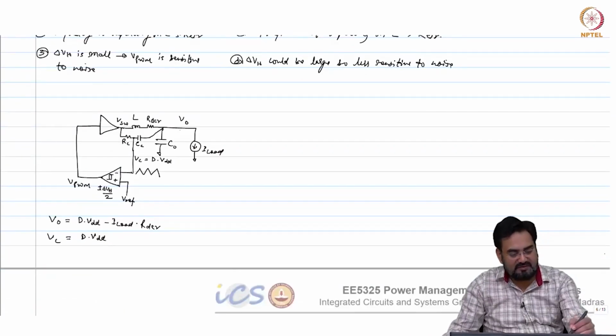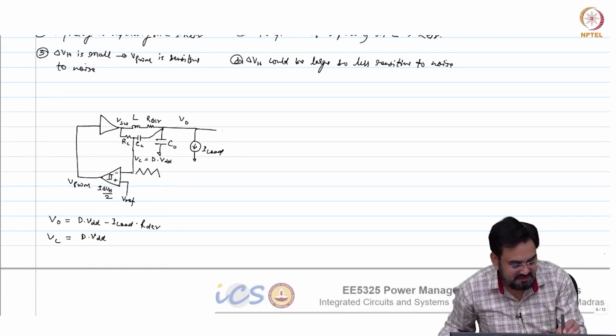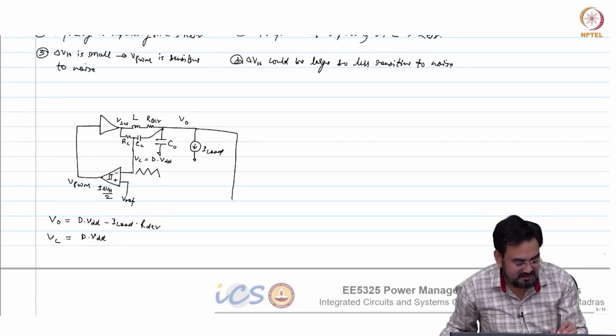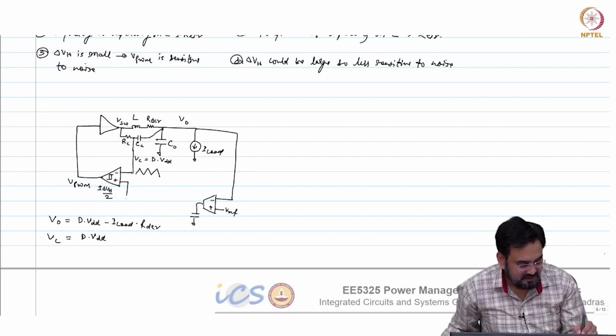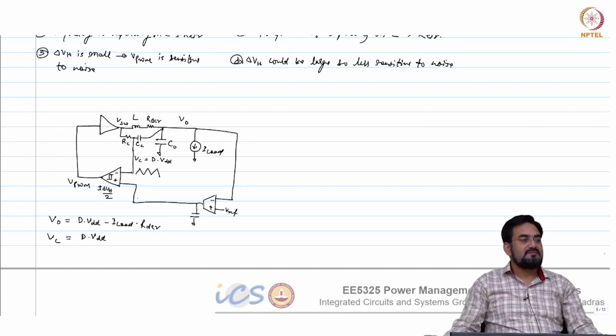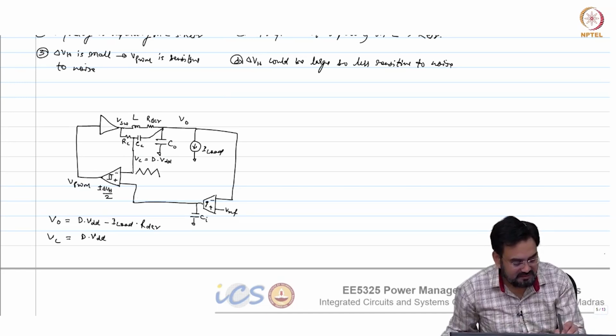So, you take V out, add an integrator and control the Vref. It will be something like this: minus, plus, Vc, Vref. Now this will be controlled by this. We call it integral.